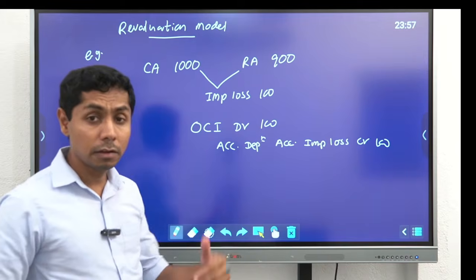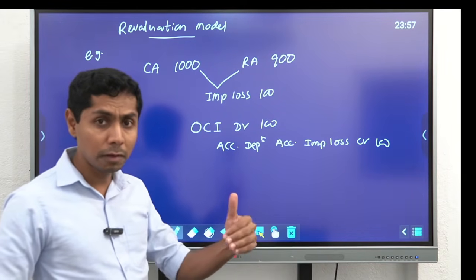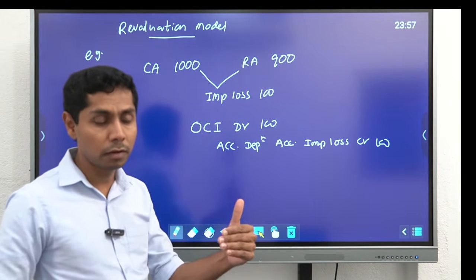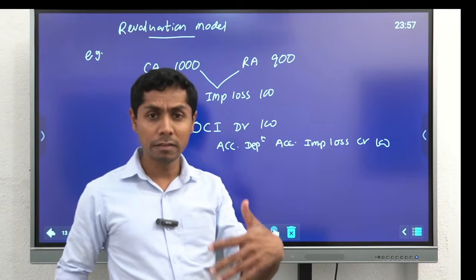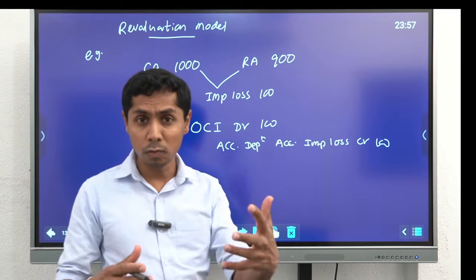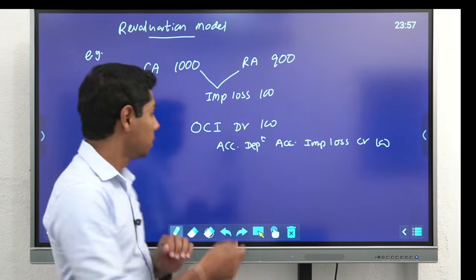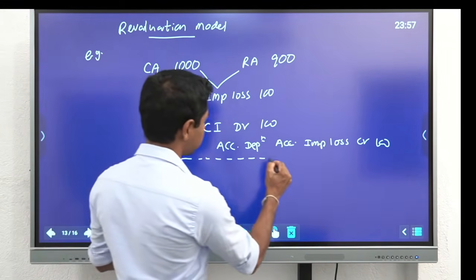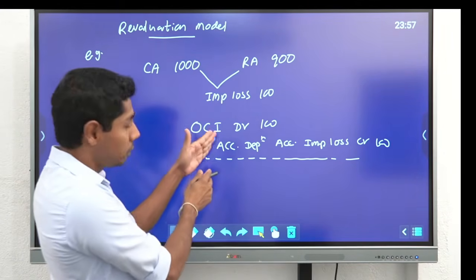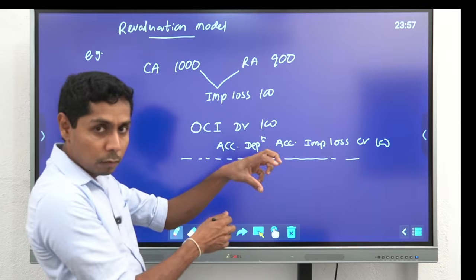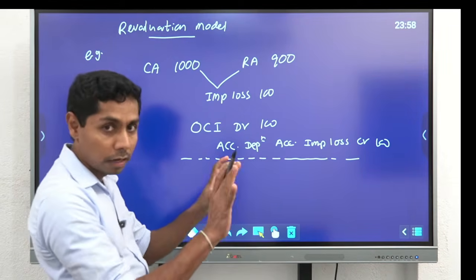OCI debit. And also, whenever you put any amount to the OCI, that should be transferred to the revaluation surplus, the revaluation reserve, at the end of the period, right? You know it based on LKAS 16.